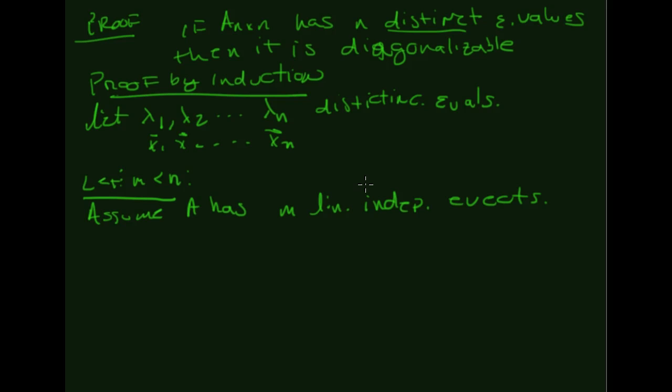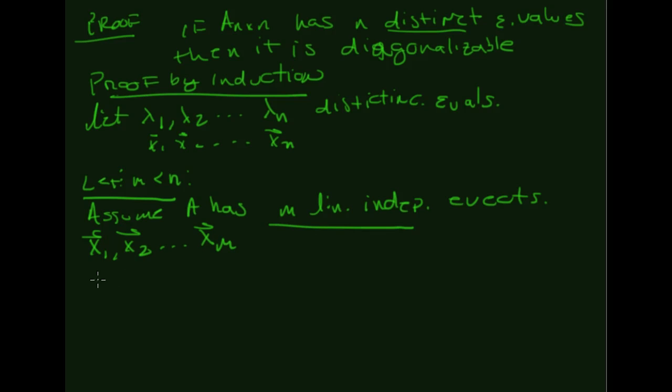So this is an inductive proof. I'm going to make this assumption that it has m, where m is less than n, linearly independent eigenvectors. We're going to call them x1, x2, out to xm.